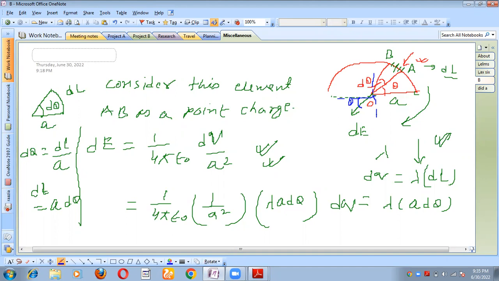So this electric field dE can be broken into two components. One will be dE sin theta and another will be dE cos theta.